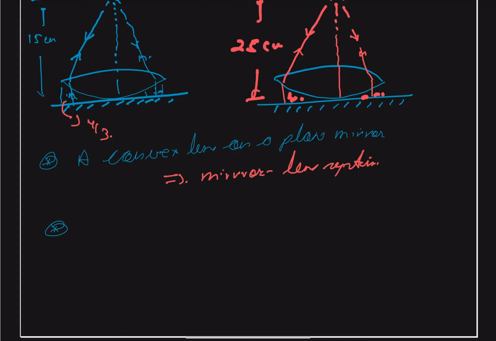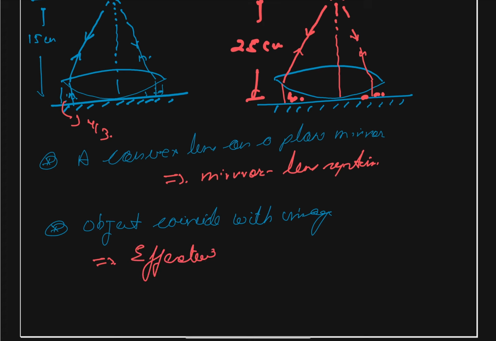So we are given that the object coincides with the image. Therefore, the effective focal length, given as f, will be equal to the object distance, and this is true for both the cases.